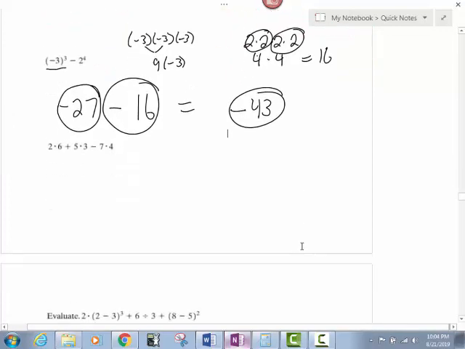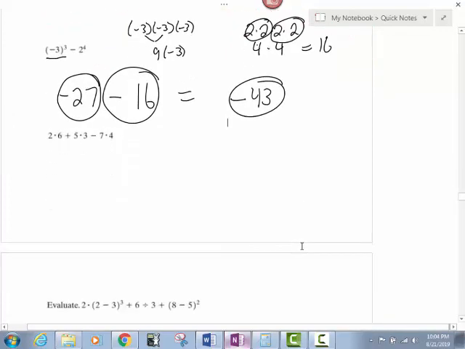Okay, let's try the next one here. Notice there's no parentheses. We don't have any exponents. All we have is multiplying, adding, and subtracting. So we got to go multiplying first because we don't have parentheses. We don't have exponents. So 2 times 6 gives us 12. 5 times 3 gives us 15. 7 times 4 gives us 28.